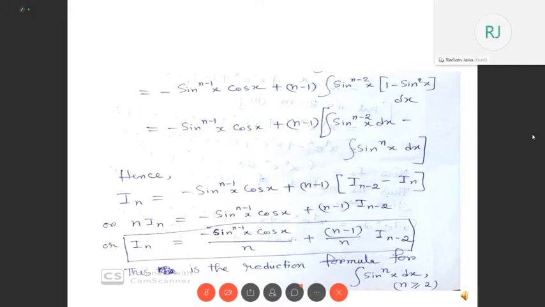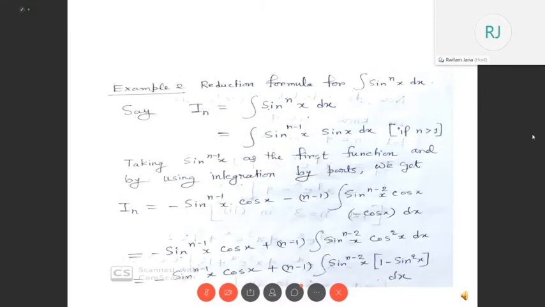So if you want n equals 1 or n equals 0, you don't need to calculate this. You just put n equals 0 in your In. Then your I0 value will be the integral of sine to the power 0 x dx. Or for n equals 1, just put I1, which is the integral of sine x dx. You can calculate this integration of sine x dx very easily, right?